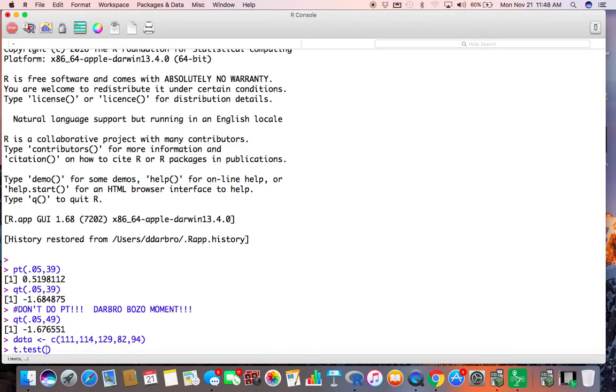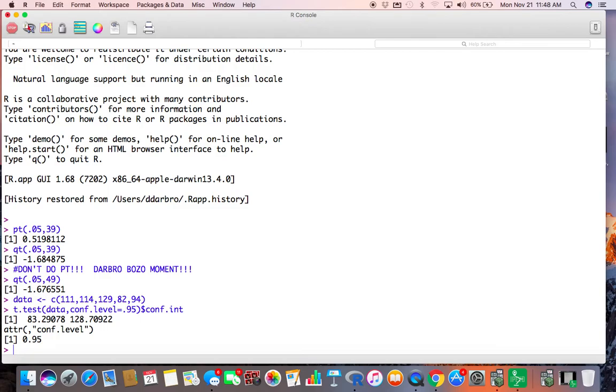So I have t-test on my data, with my confidence level at 0.95, and all I want is my confidence interval. When we do that, you'll see that we get 83.29, which is exactly what we got before, and 128.71, which is exactly what we got before.